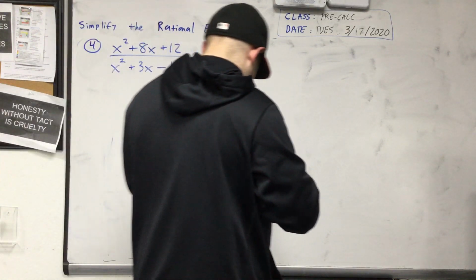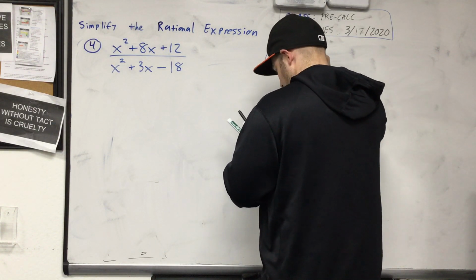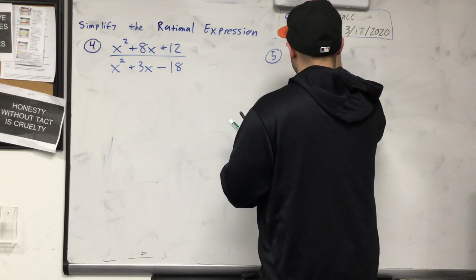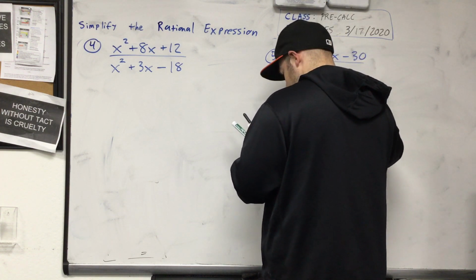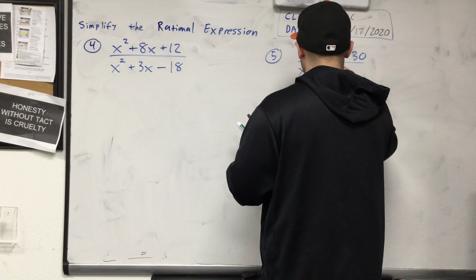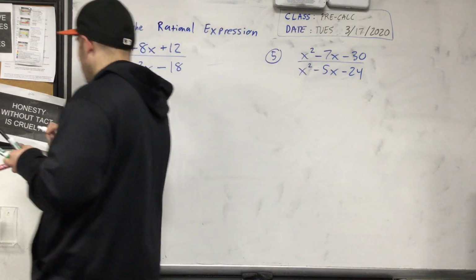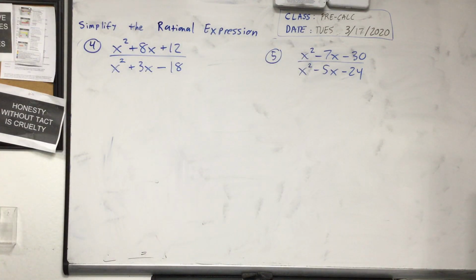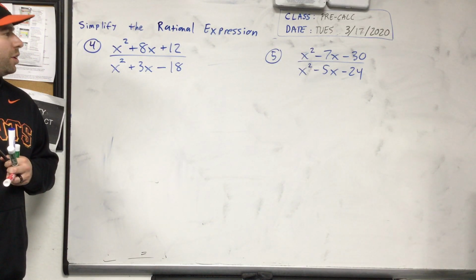When you're done with that, I'll give you number 5 right here: x squared minus 7x minus 30 over x squared minus 5x minus 24. Please attempt this independently. Please pause the video if you need more time.